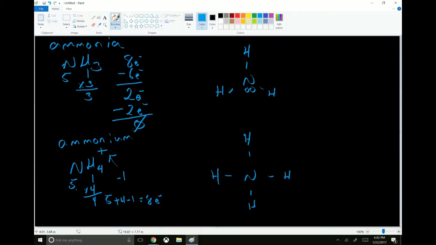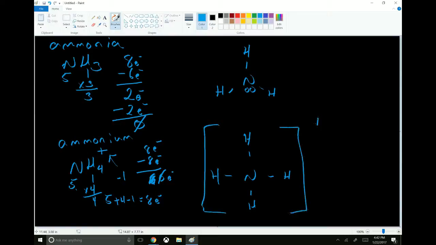Now, down here for ammonium, we have 4 bonds. So 4 bonds costs us 8 electrons. So we're all out. And the hydrogens don't need non-bonding pairs. The nitrogen is happy, but we're not quite done because this is a polyatomic ion. Okay, so that's the difference between ammonia and ammonium.